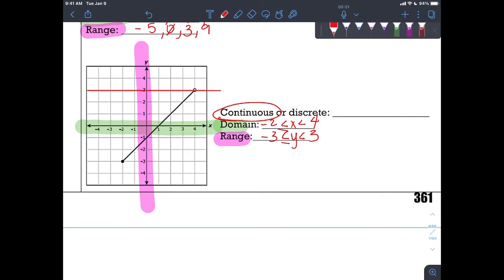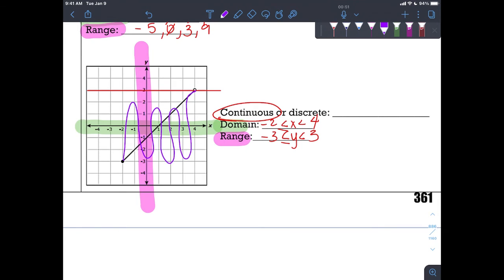Now, even though we're done with this, I want you to understand something. It does not matter if this graph instead looked like this. It would still have exactly the same domain and range.